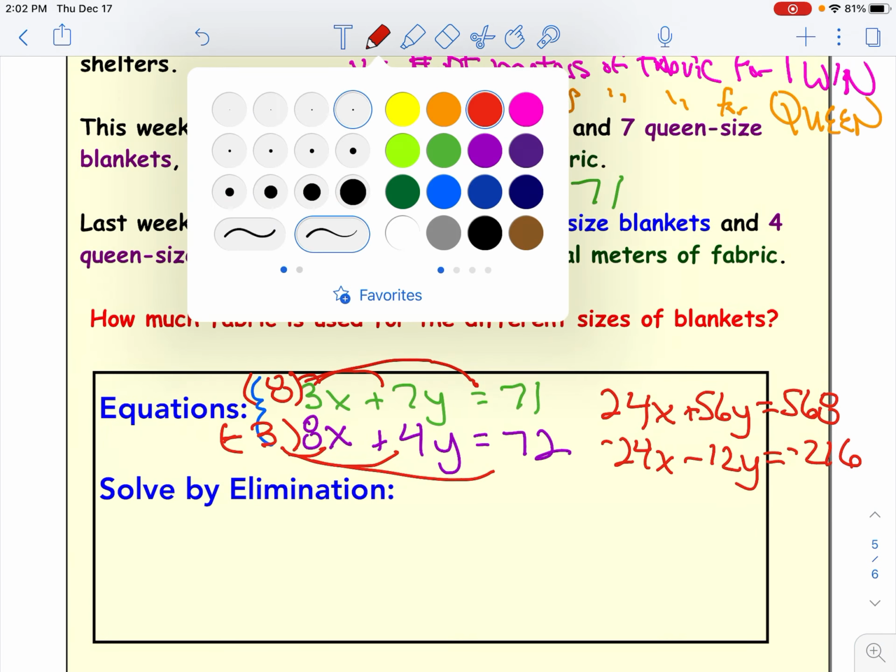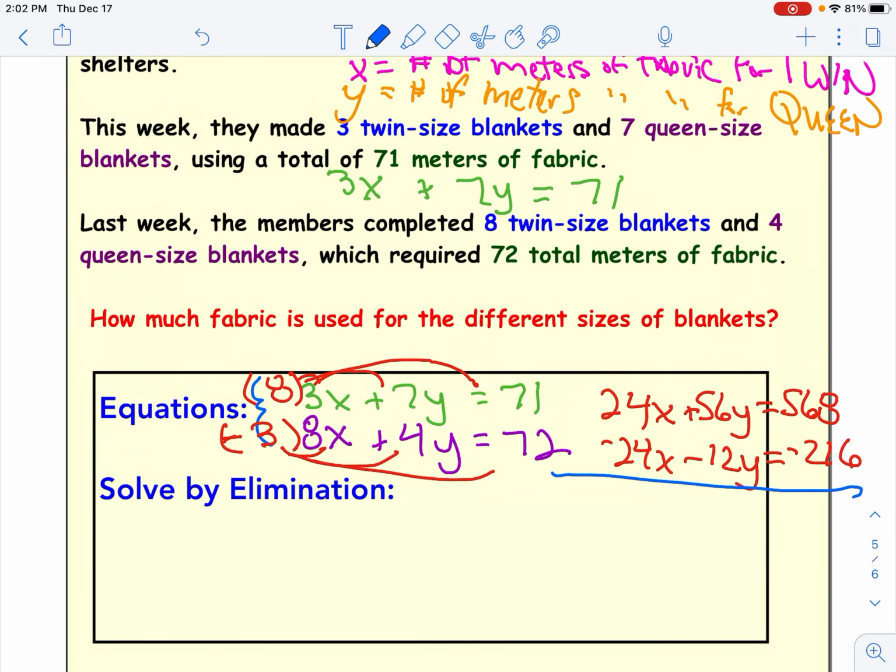So now, when I solve this with elimination, I'm going to add these two equations together, and notice that the x's are going to eliminate. And then 56 plus negative 12 is going to give me 44y equals, and then 568 plus negative 216 is going to give me 352.